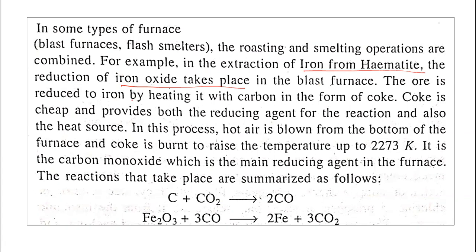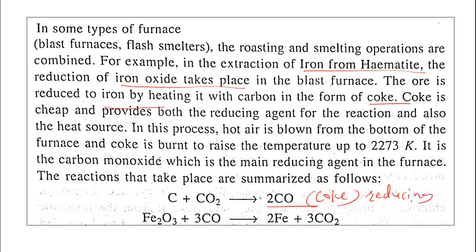The ore is reduced to iron by heating it with carbon in the form of coke. So coke acts as a reducing agent here. You can see the reaction here. Coke forms carbon monoxide, and it acts as a reducing agent.